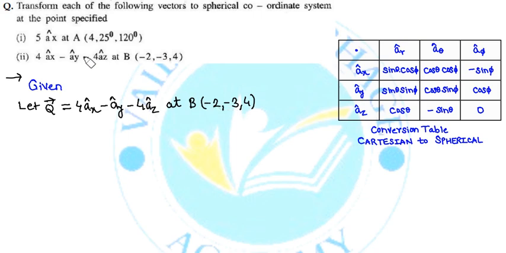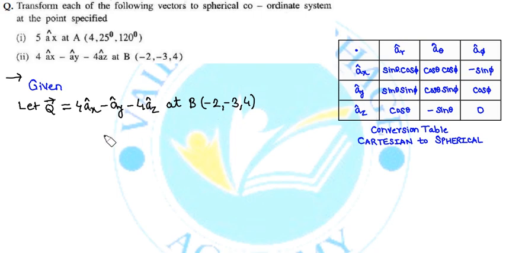Now, what we have to do is convert this vector, which is located at this point, into the spherical system. If you look at this vector, you will find that it is in the rectangular system, and if you look at that point B, it is also given in terms of the rectangular or Cartesian system.